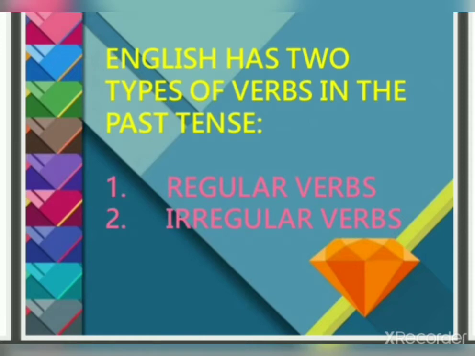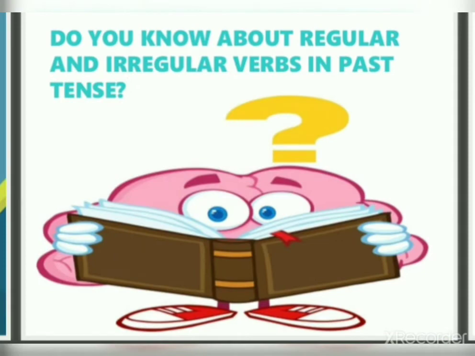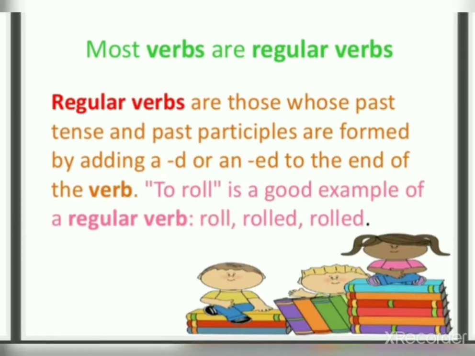English has two types of verbs in past tense, regular verbs and irregular verbs. We all know what a regular verb and an irregular verb are. Most verbs are regular verbs.